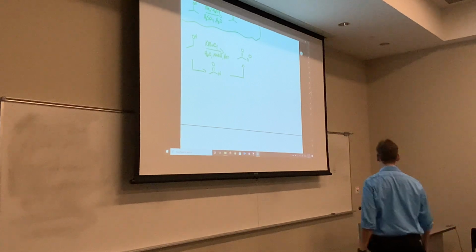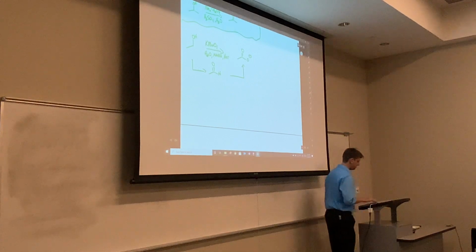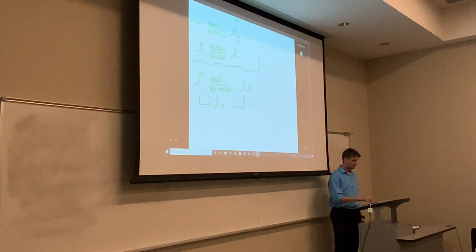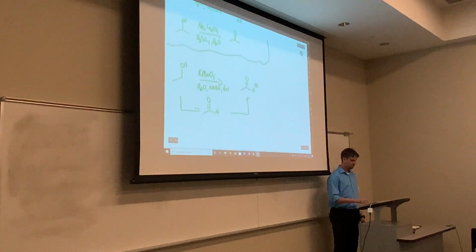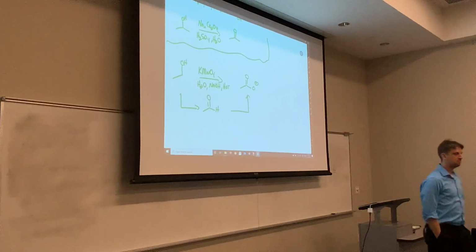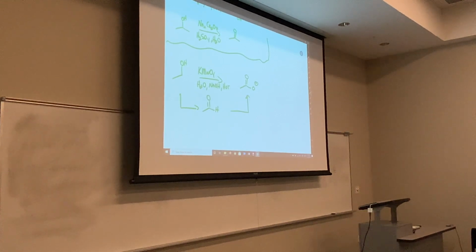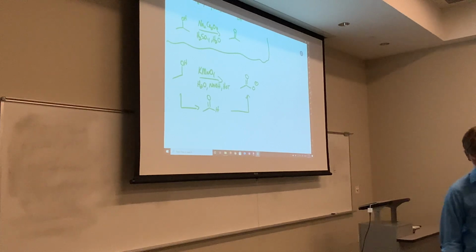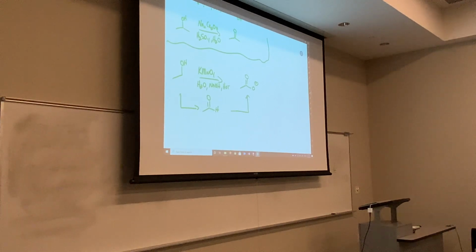So what's in common between these two reactions? What are some of the common traits of these two reactions? In terms of the reaction conditions, what do they share in common?